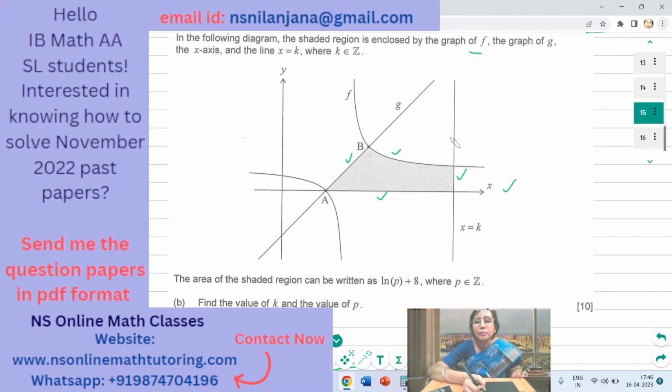This is the vertical line, where k is an integer. And we can see it is a positive integer, no doubt, because it is to the right side of the y-axis, right of the region.